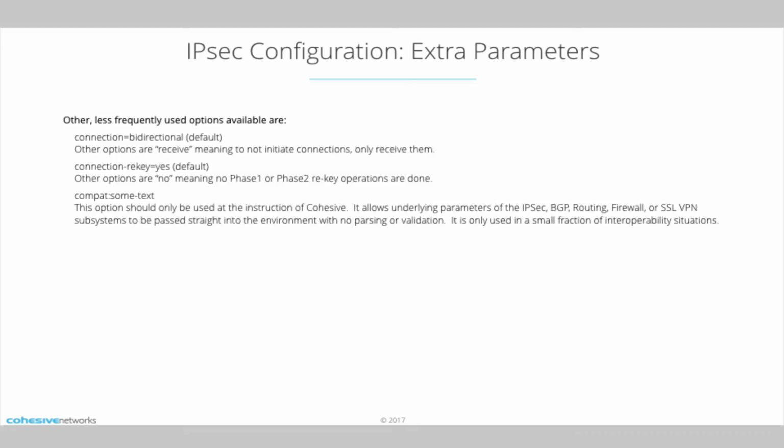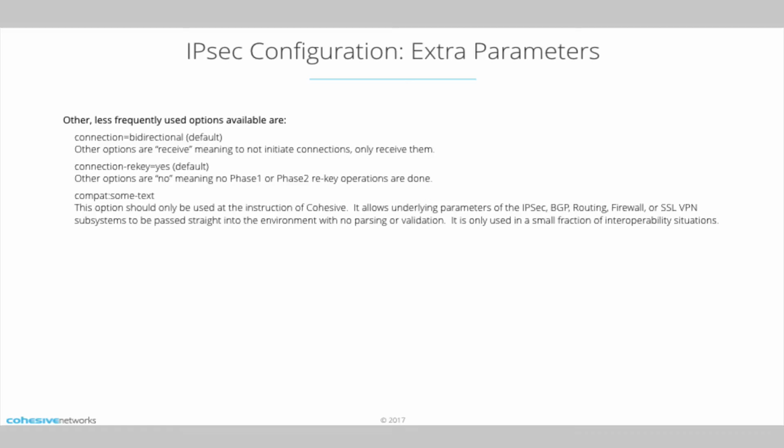And then should we rekey or not? Should we effectively say, hey, I'm expiring the phase 1 or phase 2 key set, let's do it now and agree on what the new key sets are. Again, we've run into older boxes where we have to put in connection rekey equals no, where we just let the other box drive everything because we'll appropriately respond to their requests for key events, but they'll effectively be ignoring our requests for key events. So this is pretty rare.